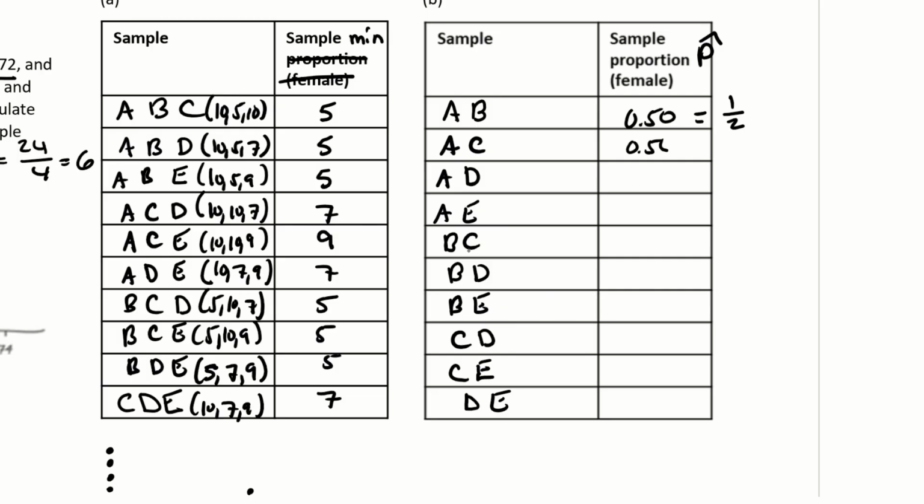A and D, those are both females, so that's going to be 1, because it's 2 out of 2. A and E, again, those are both females. B and C, that's 0 out of 2, which is 0. This is going to be 0.50, 0.50, 0.50, 0.50, and 1.